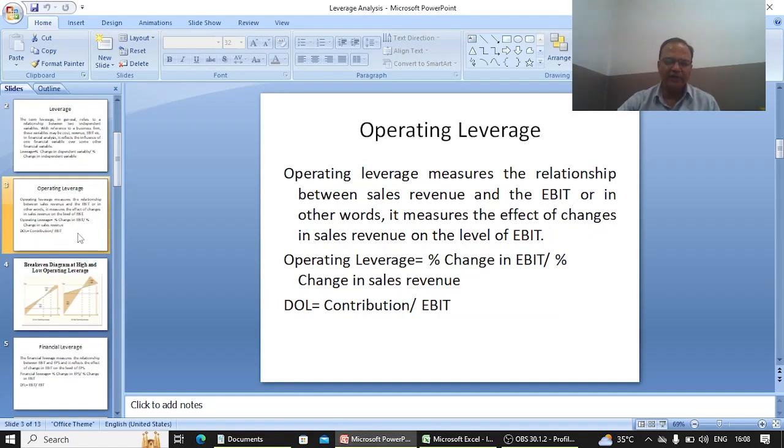This is operating leverage. Operating leverage has a formula: percentage change in EBIT divided by percentage change in sales revenue. It means whenever you have to check the relationship between EBIT and sales revenue, you have to take the help of operating leverage.